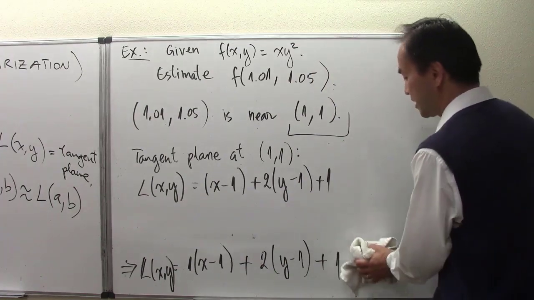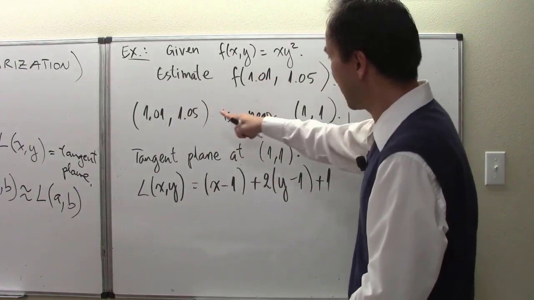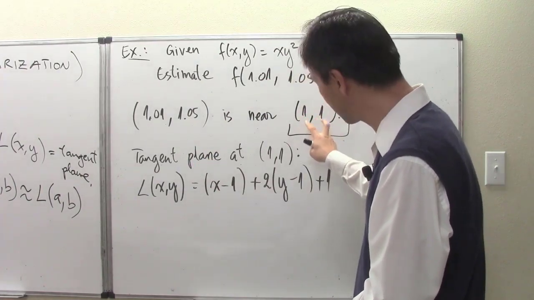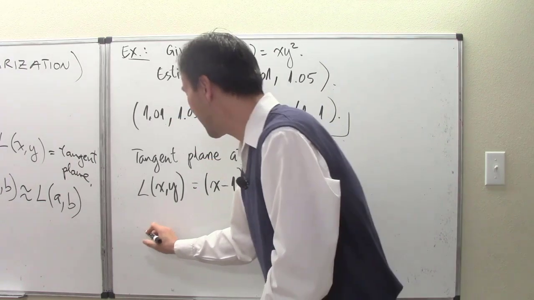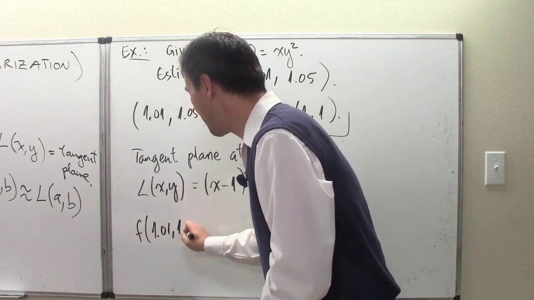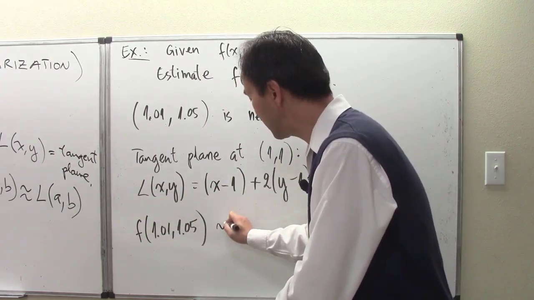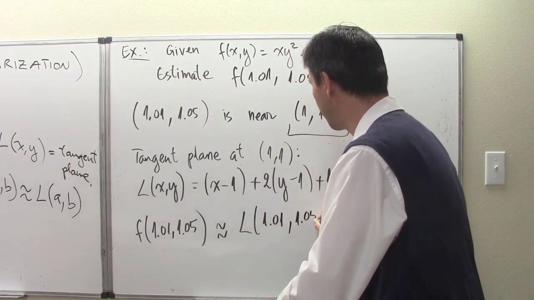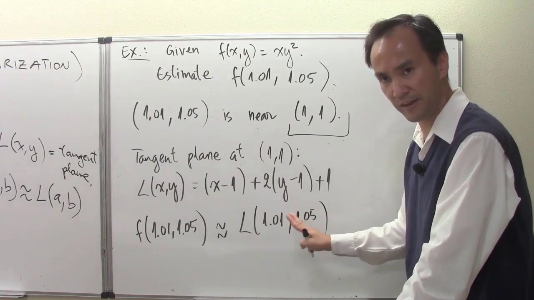Now, having the linear function that represents the tangent plane at 1, 1, and recall that 1, 1 is near the point 1.01, 1.05, I can say the actual value for f at 1.01, 1.05, instead of doing the direct computation, can be approximated by substituting 1.01 and 1.05 into our function L. So we use L, the tangent plane, as a way to approximate, and the value will come out close enough.